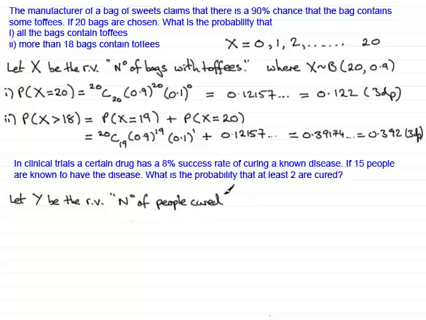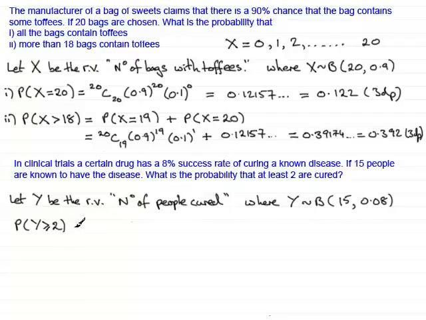So we've defined that, and we now need to say that Y is distributed binomially. 2 parameters, number of trials first, which is 15, and the probability of success next, which is 8% or 0.08. So in this particular question, we're asked the probability that at least 2 are cured. So that's the probability that Y is greater than or equal to 2.